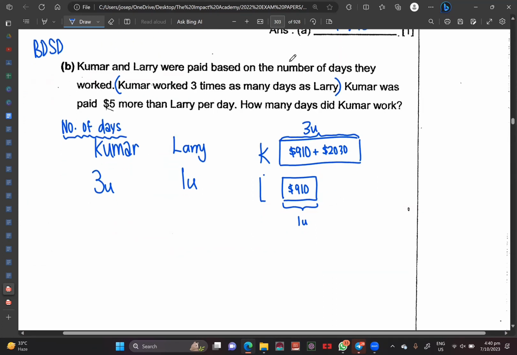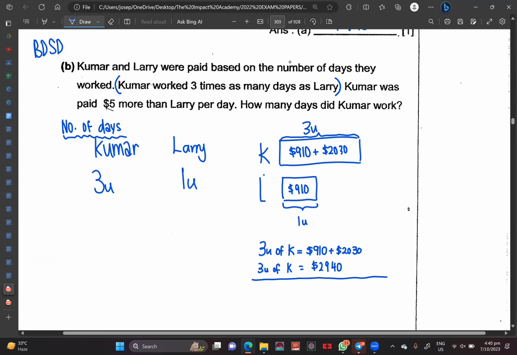Okay, so we will say this, okay? 3 units of Kuma is equals to 910 plus 2030. So 3 units of K is actually equals to 2940. Alright, that is for Kuma.